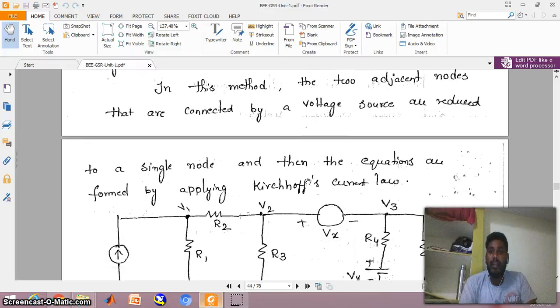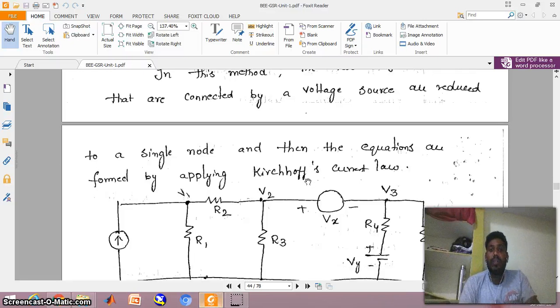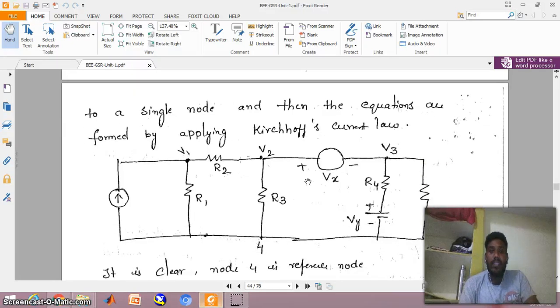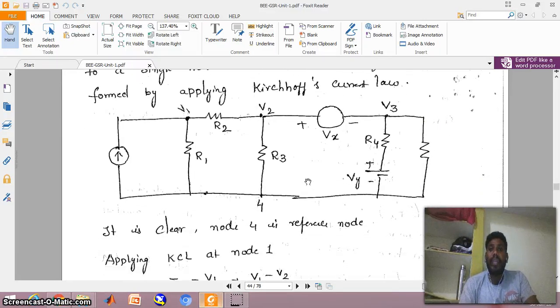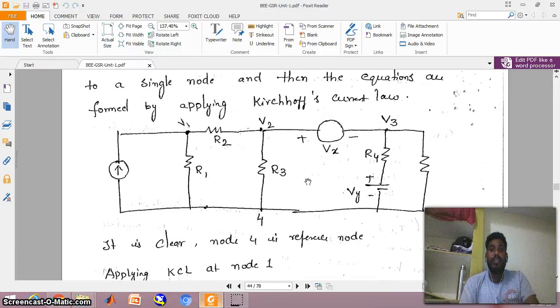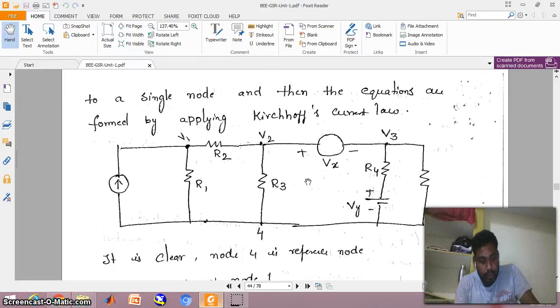In this method, two adjacent nodes that are connected by a voltage source are reduced to a single node, and then the equations are formed by applying Kirchhoff's current law. So in supernode analysis, two adjacent nodes connected with a voltage source are treated as a single node.